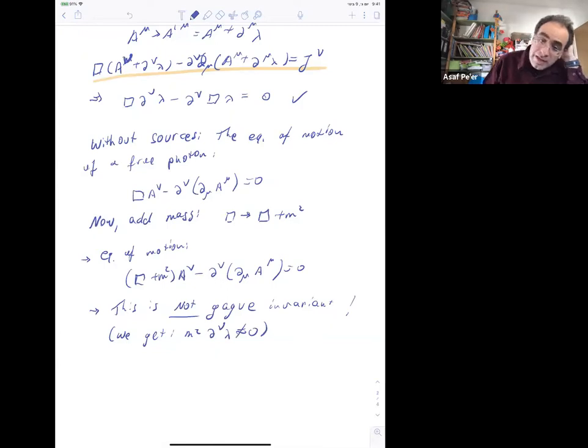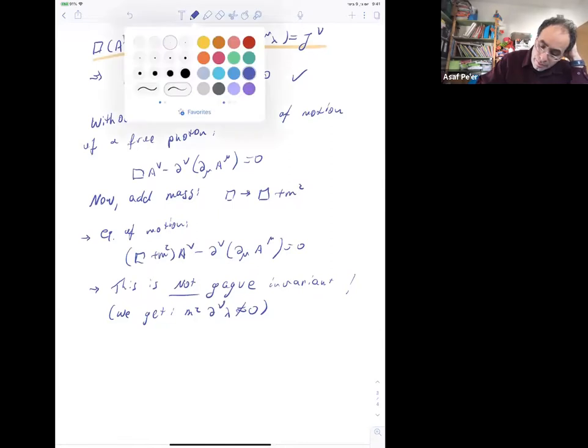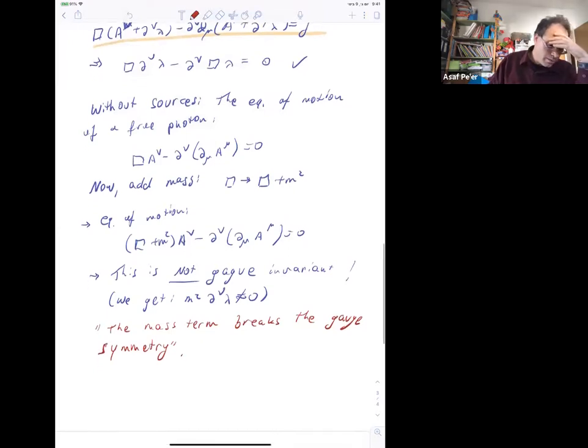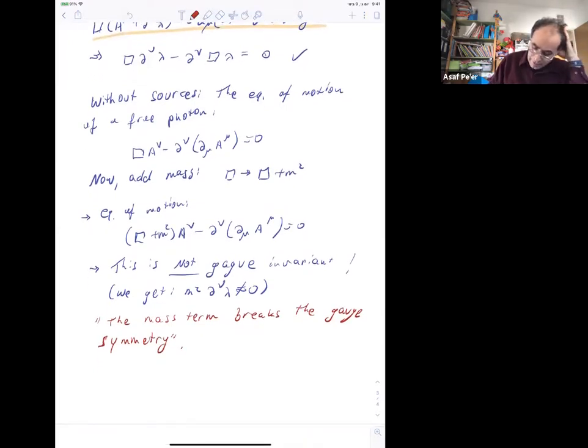So we said that this mass term is what breaks the gauge symmetry. But as it turns out, the Lorentz condition still holds. This equation here still fulfills the Lorentz condition.